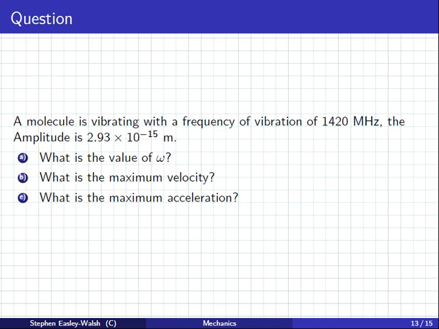Right, the first one is what's the omega? So you could say omega is 2 pi over T and T is 1 over f. So omega is 2 pi f. Okay, so let's calculate this.